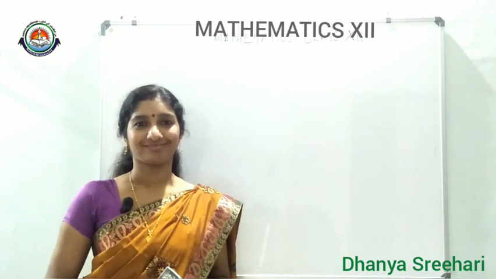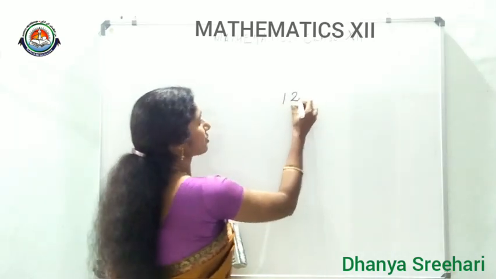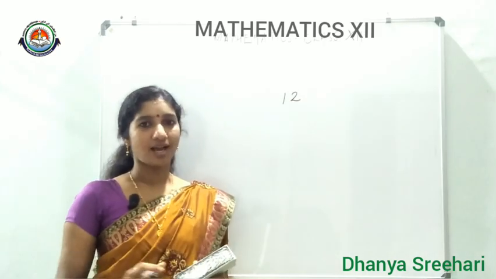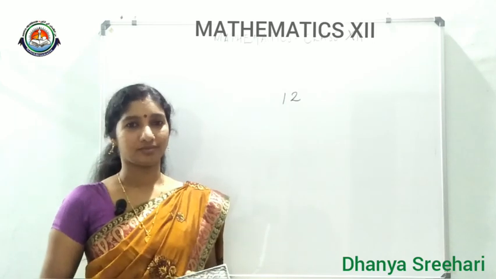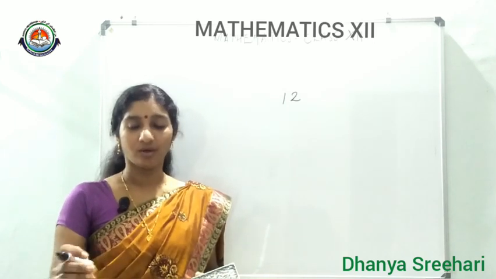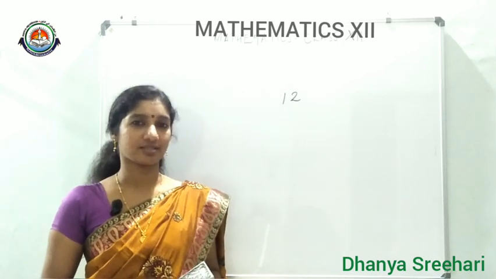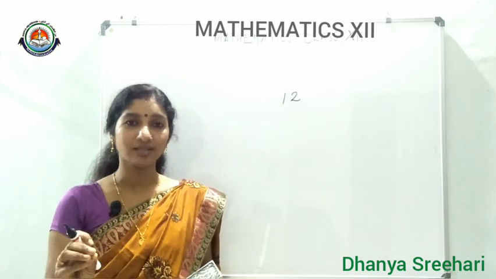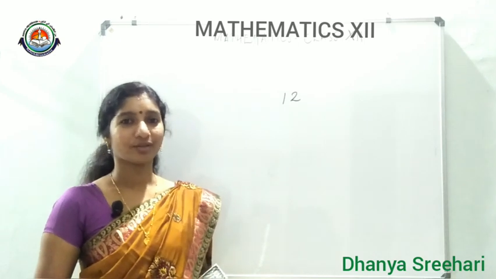One example. Suppose there are 12 elements in a matrix. Then the question asked is, how many different ordered matrices are possible? That means, in terms of order, how many ways can we make the order of the matrices? Got the question?